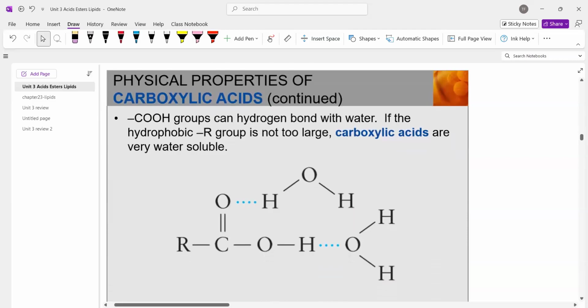Because water is very polar with hydrogen bonding, it bonds quite nicely to this R group, as long as it's low, they dissolve quite nicely in water.